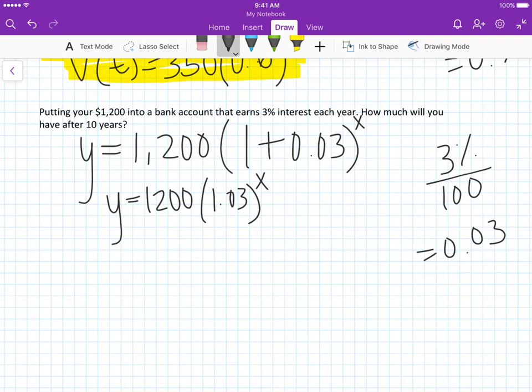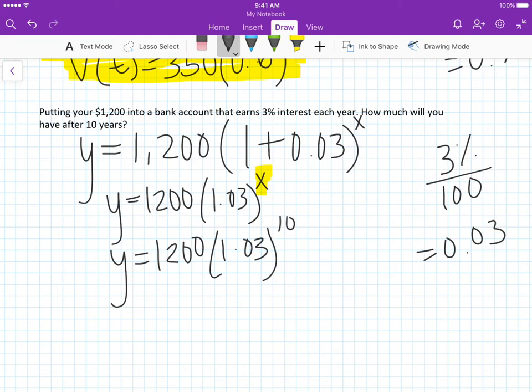So, excuse me. The question didn't ask us to create the equation. It says, how much will you have after 10 years? So in this case, I know that 10 years means that this x up here is going to be in terms of 10 instead of x because I have a value for time. So all I'm going to do is plug in 10 for the x. And I can literally put this whole thing in my calculator.